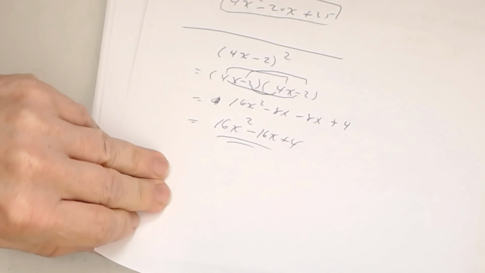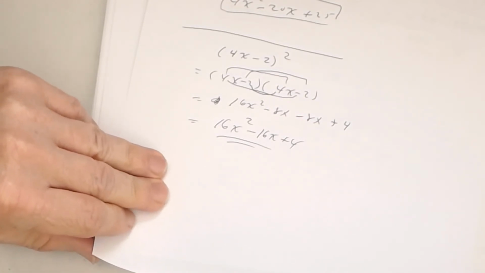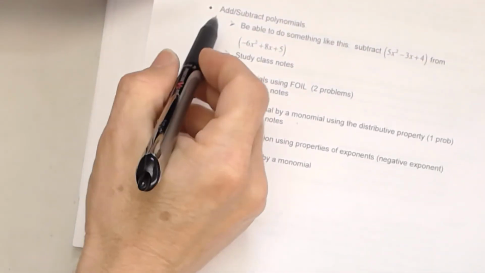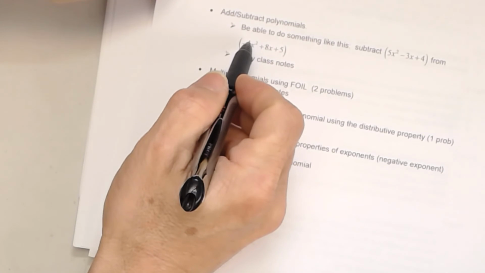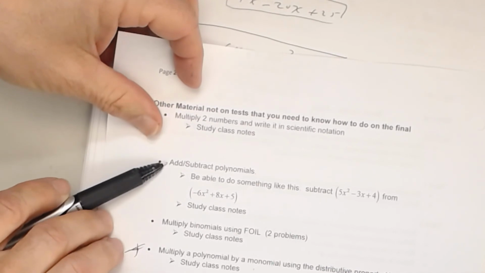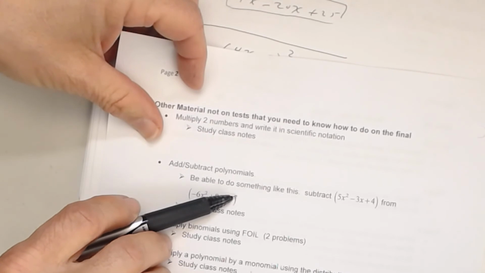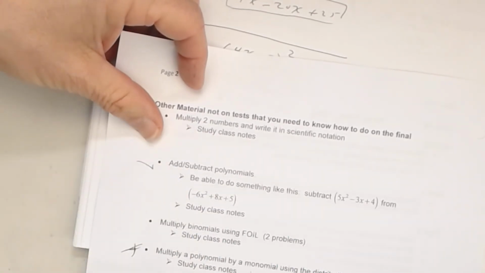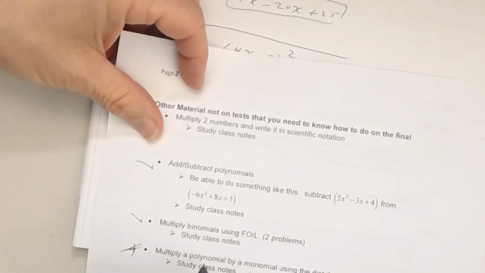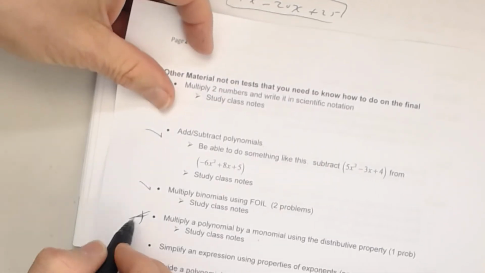Okay, now, so let's go back to that back page of your study guide. So you can add and subtract polynomials, right? You can add and subtract polynomials, correct? You can do the one that says subtract from, right? All right. You can multiply 2 binomials using FOIL. Okay. You can multiply a polynomial by a monomial. Yep. And it was the first thing we did.